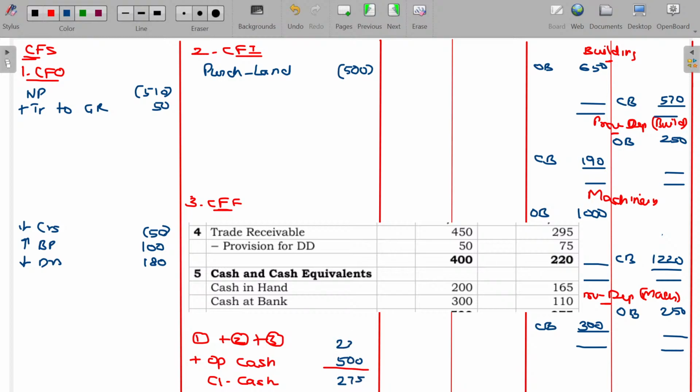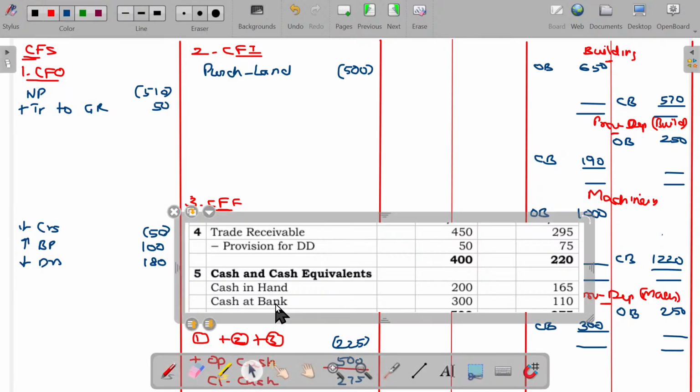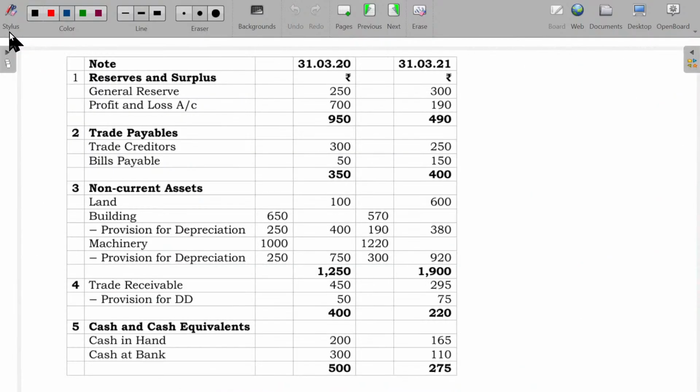So 225 should be the negative by summing up of the three flows: operation, investing, and financing. I have given the treatment for the bad debt, provision for doubtful debt separately in the text. If you want, go and see that. But of course, for your examination, not to pay. So this one is completely over.